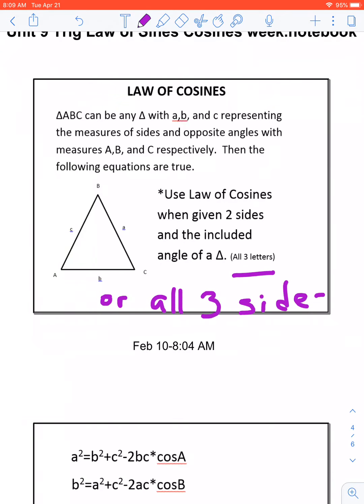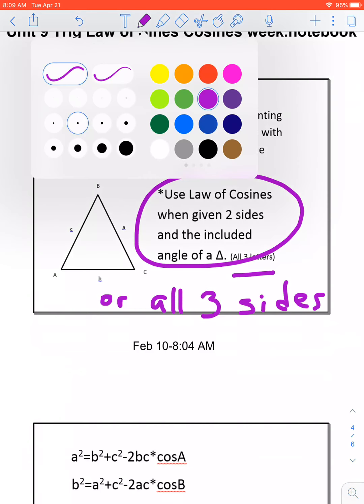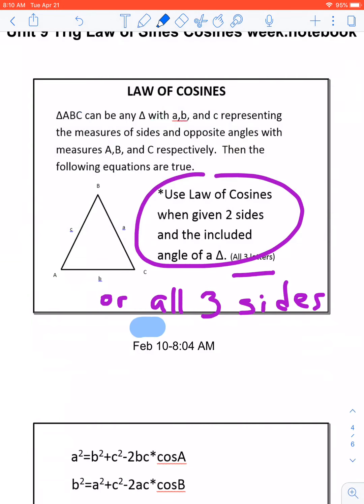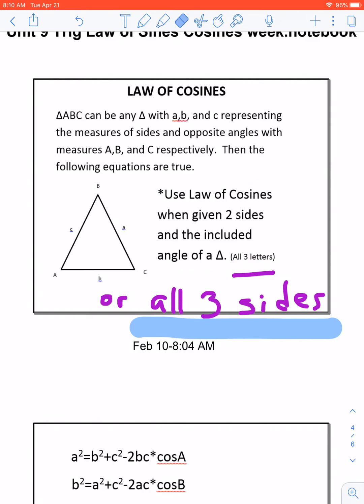Today we're going to focus on just the part where you're given two sides and the angle included between them. Then tomorrow we're going to focus on how to use law of cosines when I'm given all three sides. The best way to know is if I have an A, a B, and a C, doesn't matter sides or angles, then I use law of cosines.